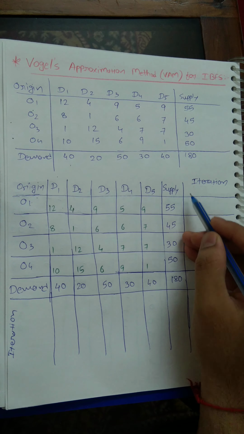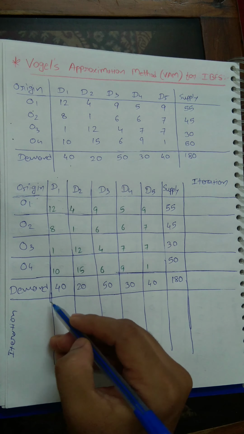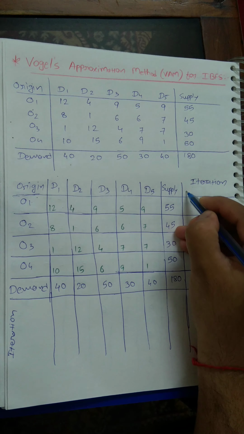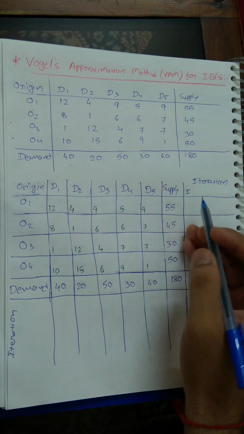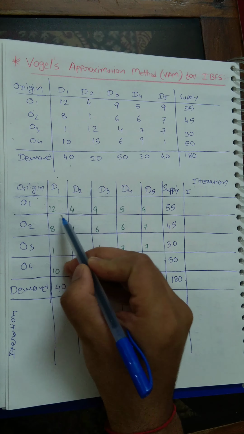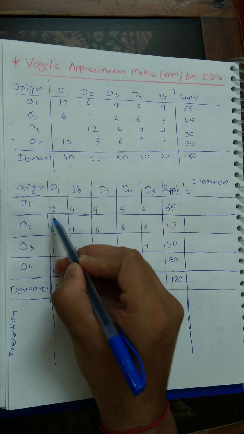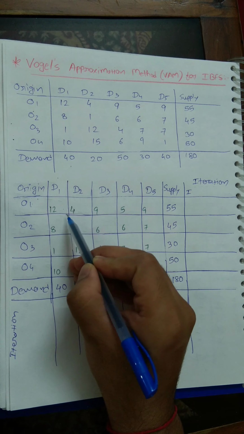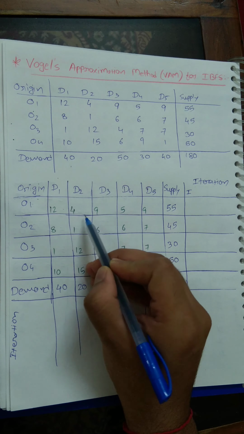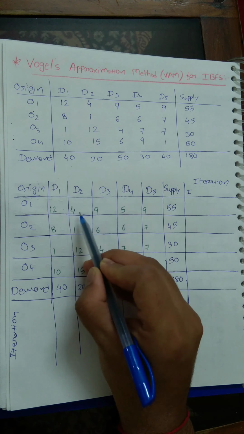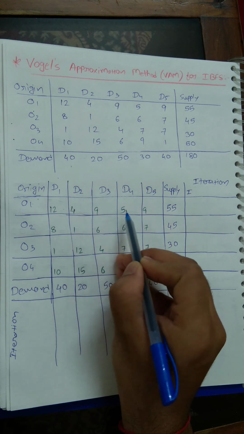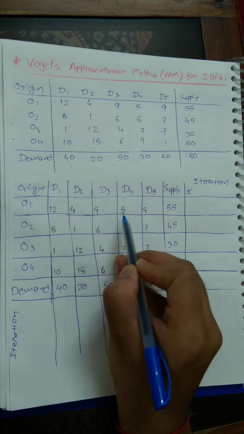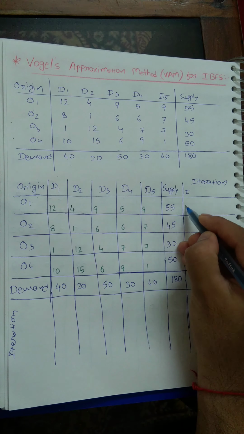Iteration number one, for row wise as well as column wise. We need to do the iteration in rows and columns both. So iteration one for row one: check all the cost elements and pick the two least costs. In this first row the two least costs are 4 and 5, and the difference is 5 minus 4 equal to 1.